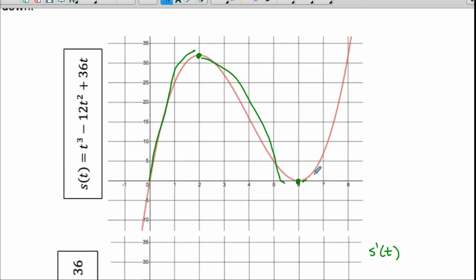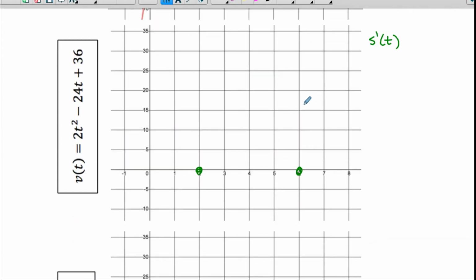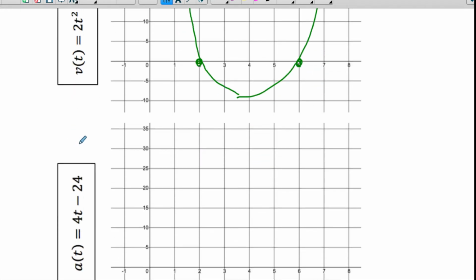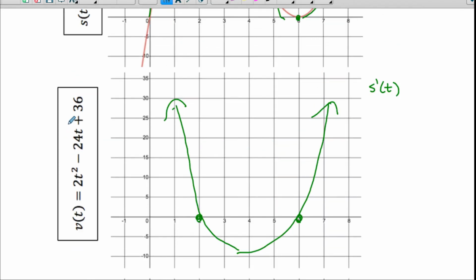And then it switches back to increasing after 6, which means the first derivative would then have positive y values after it. So it's going to look something like this. That's not a very good sketch, but I have the correct intervals of positive and negative y values, so that'll do just fine.